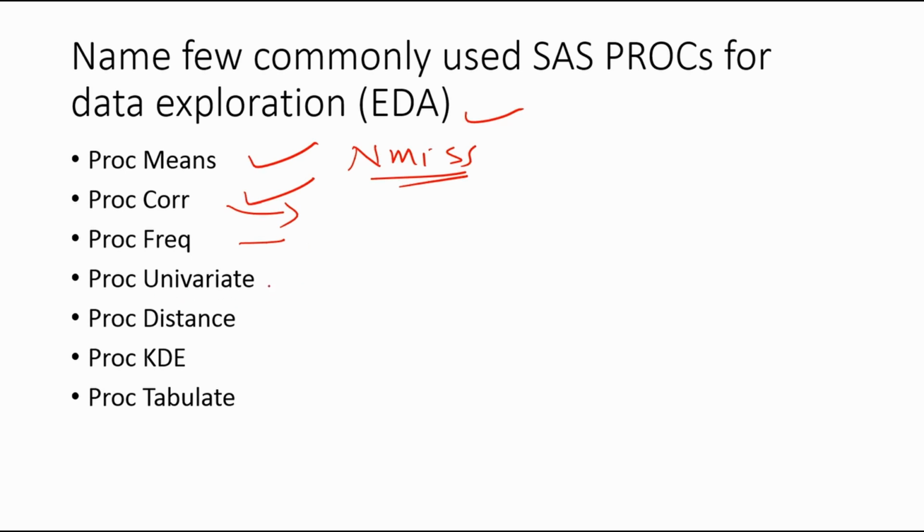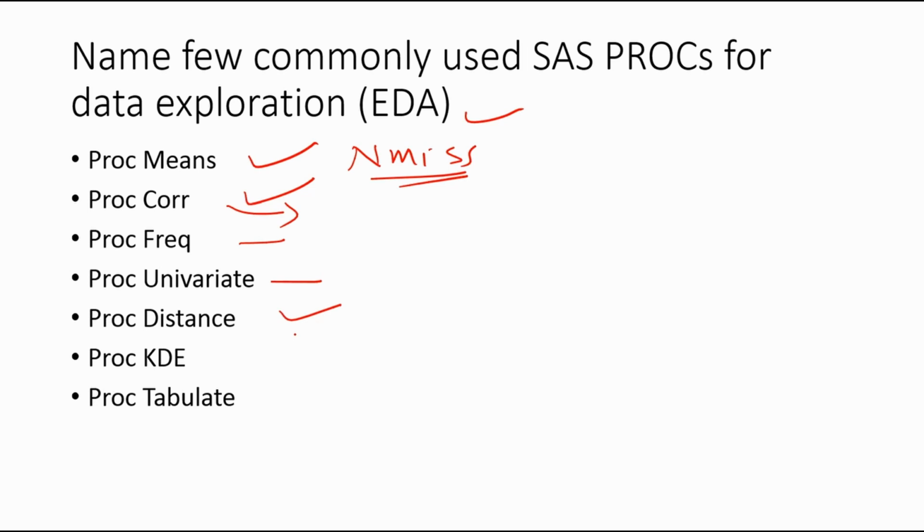And then you have proc univariate if you want some kind of exploratory data analysis on a single variable. You can use proc univariate, wherein you will get mean, variance, covariance, and then you will get so many important plots like your normal distribution plot, histogram, and so on.